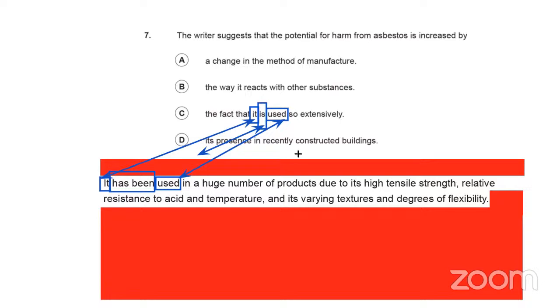Huge number of products. So what does this mean? Is this limited? Is this average? Is this less or average or more? More means extensively. Huge means great number. Extensively means huge.